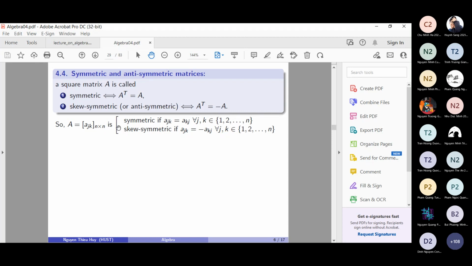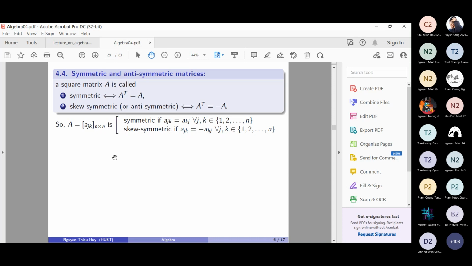And similarly, A = (a_jk) of size n by n is skew symmetric if and only if A transpose equals minus A. This means after you take the transposition, it becomes minus A. This means the entry in the j-th row and k-th column and the entry in the k-th row and j-th column should be opposite, so that when we exchange, we obtain the minus sign.